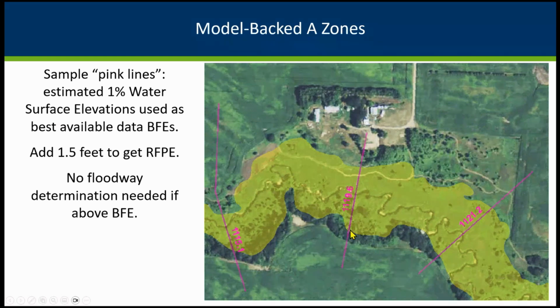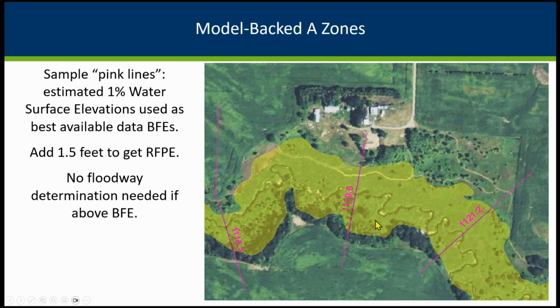It wasn't done to the rigor of detailed studies, so FEMA won't show these elevations on the official map, but we do have these available as shapefiles that you can get at MinGeo Commons, and we have them on a viewer we'll talk about called the Lake and Flood Elevations Online. We say here where we don't know the floodway, just go ahead and add half a foot, the maximum stage increase, plus your 1 foot of freeboard to get your regulatory flood protection elevation. And from a zoning perspective, they just have to stay out of that area.